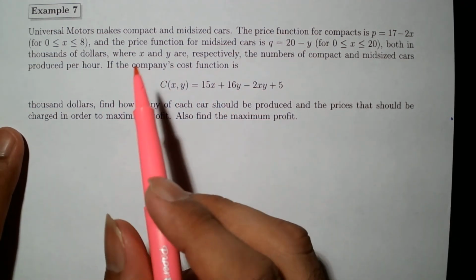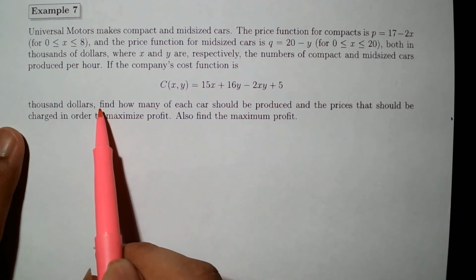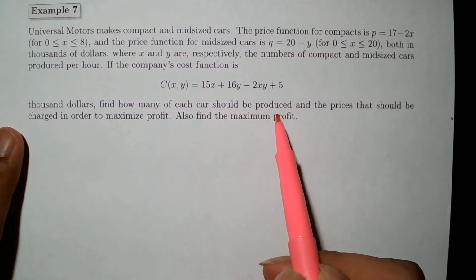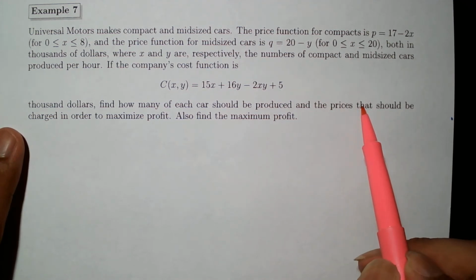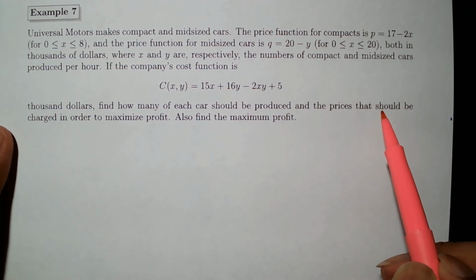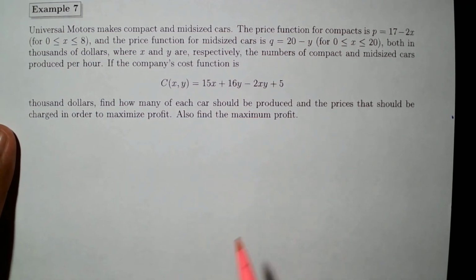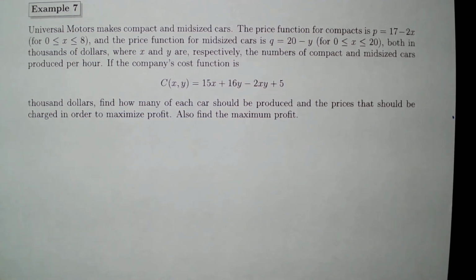Now, the questions are: how many of each car should be produced and what should the prices of each be, in order to maximize the profits? Also, find the maximum profit. Let's see.